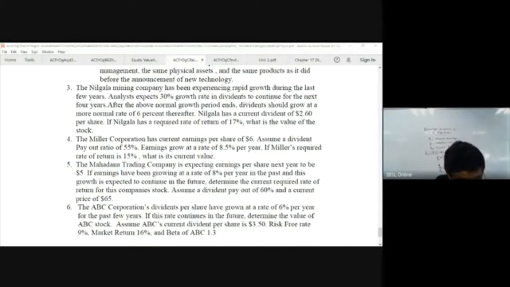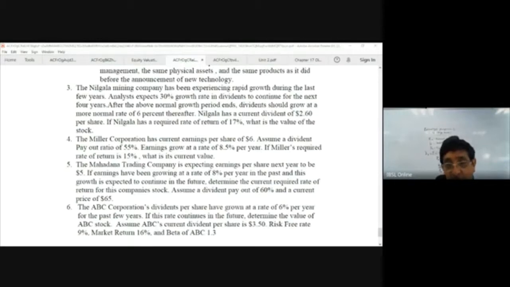G is 8.5. So then you get 6.5, so 0.065. And the answer is 55.08.